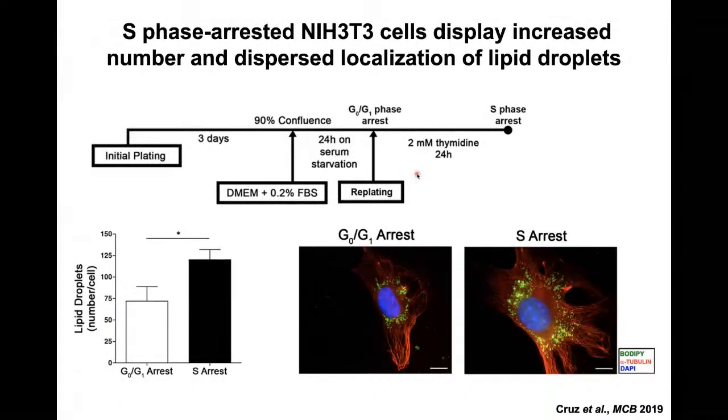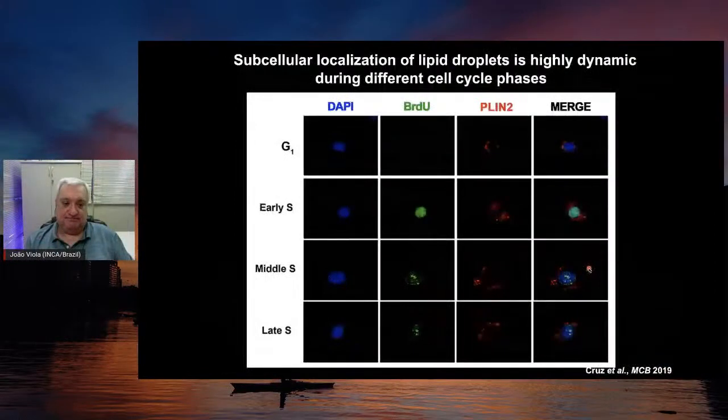We arrest the cells first in G1 phase by serum starvation, or in S phase by excess thymidine in the medium. When we arrest the cells in S phase, we see an increased number of lipid droplets, and these lipid droplets are also dispersed in the cytoplasm.